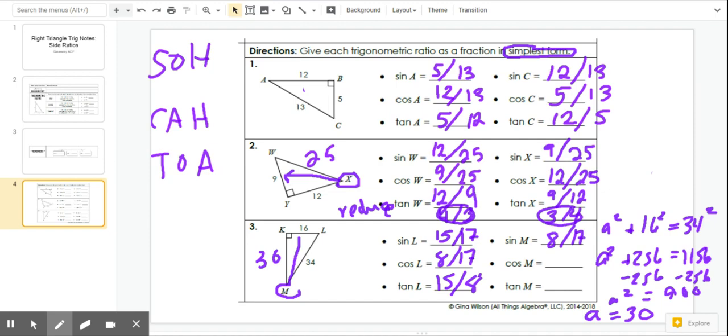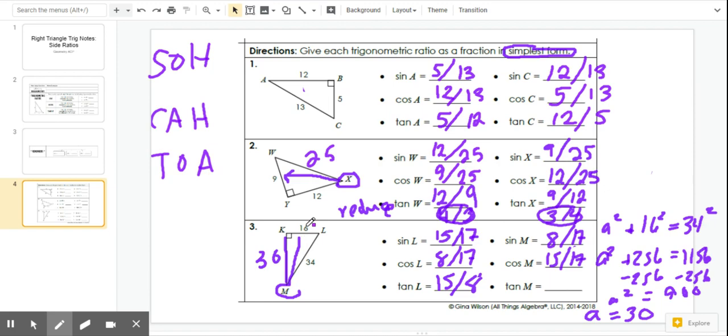Cosine of M is, so cosine is adjacent. So 30 over the hypotenuse, which is 34. And again, we're going to reduce that by 2. So we get 15 over 17. And then last one, tangent of M. Tangent is opposite over adjacent.